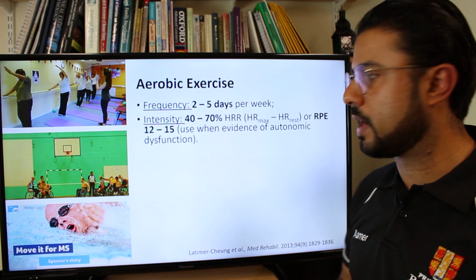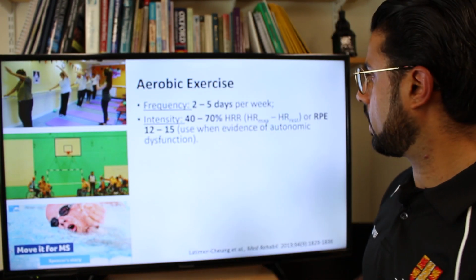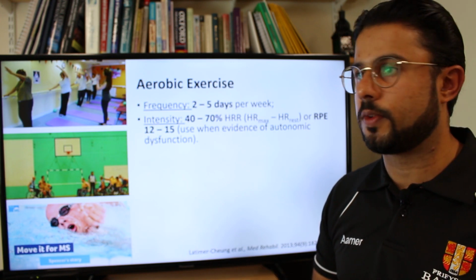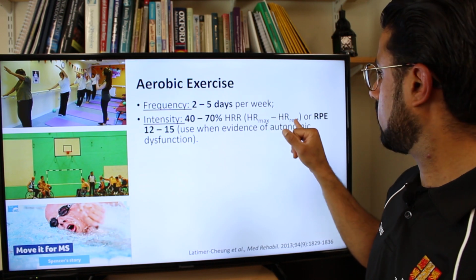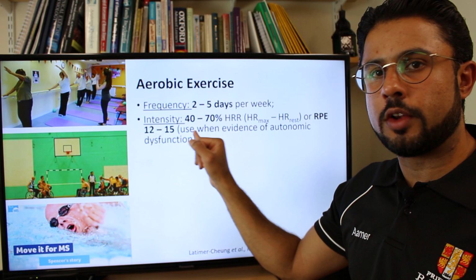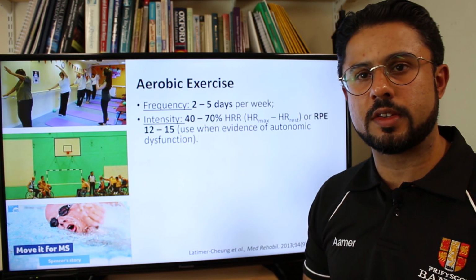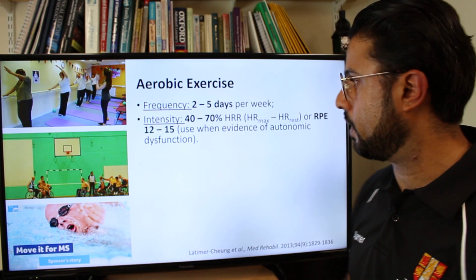Now, heart rate reserve is measured by taking the heart rate max, which you can get from an exercise test or from the Karvonen formula, and subtracting the resting heart rate. That will give you the heart rate reserve. So again, you're working at the lower intensity for a patient that's severely deconditioned, and you're progressing over a period of weeks up to that higher number.